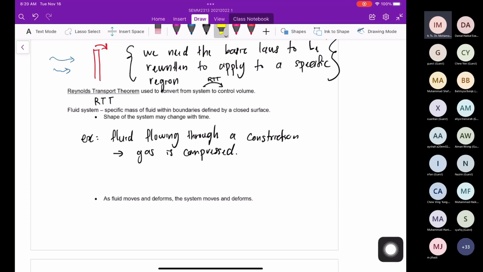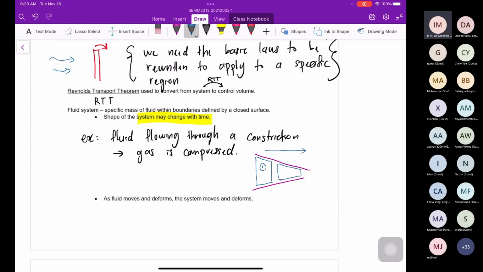This is very important. For example, we have the nozzle and then we have the fluid. Over the time, as the fluid passes through the nozzle, the fluid will change from here to here.